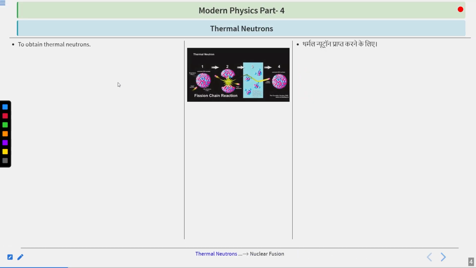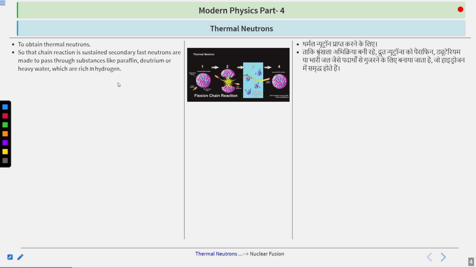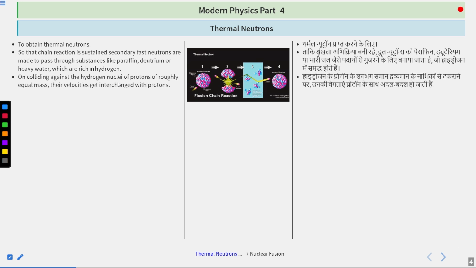Let's begin with the thermal neutrons. To obtain thermal neutrons, in the chain reaction that is sustained, secondary fast neutrons are made to pass through substances like paraffin, deuterium or heavy water, which are rich in hydrogen. On colliding with the hydrogen nuclei, protons of roughly equal mass, their velocities get interchanged with the protons.